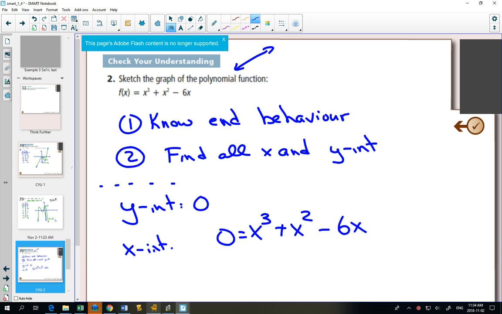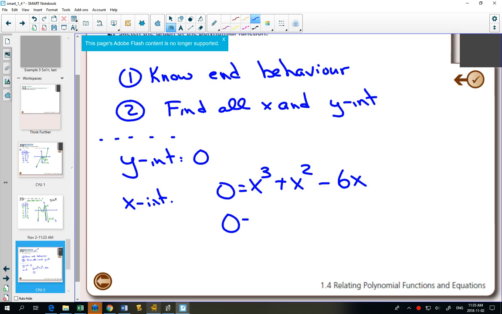You'll have to factor. Sometimes you'll have to factor a cubic. Sometimes you'll have to factor a quartic. This one is the easiest one to factor because this would be a grade 10 factoring question. You see the x cubed and you think grade 11 already or grade 12, but it's a common factor. You could just pull it out.